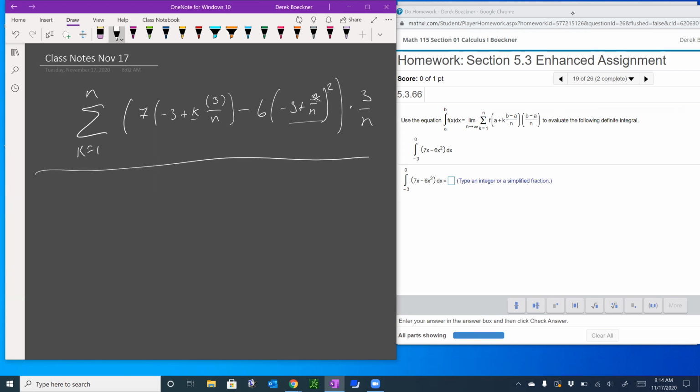So we could do it like we did last time, but we already have the rules for some of this stuff. So the integral from -3 to 0 of 7x minus 6x squared dx.